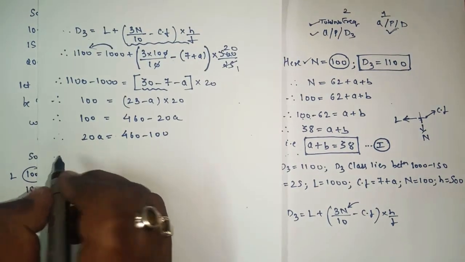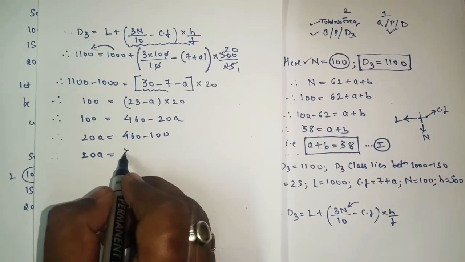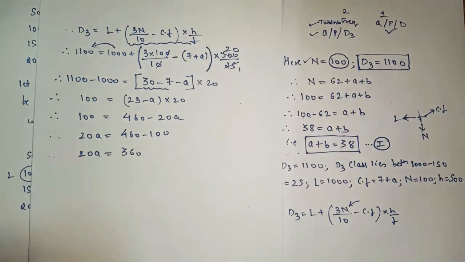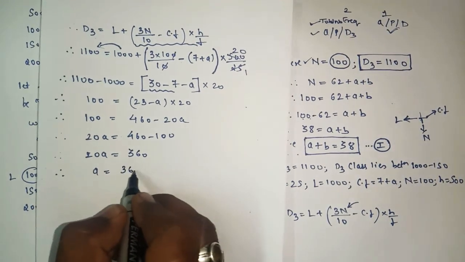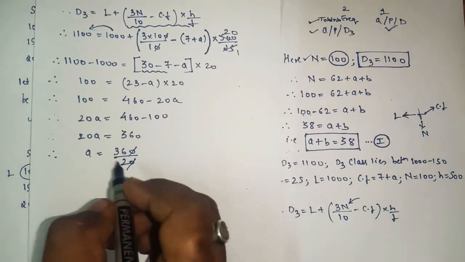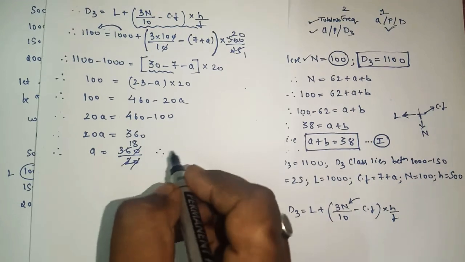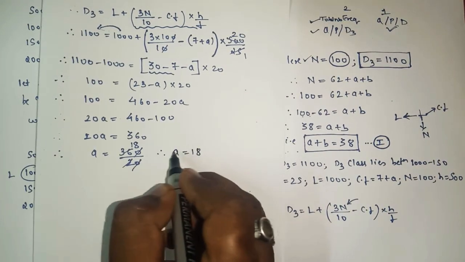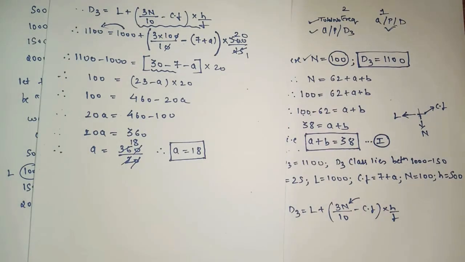Therefore 20A equals 460 minus 100, which is 360. So A equals 360 upon 20. The 0s cancel, so 2 ones are 2, 18s are. So here we got the value of A as 18. Here we got the first value, that is 18.